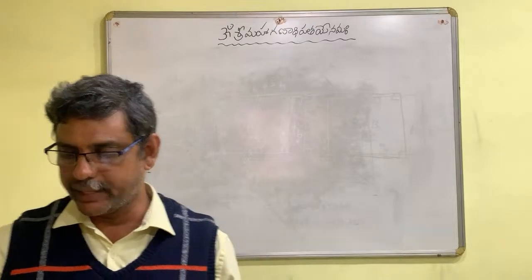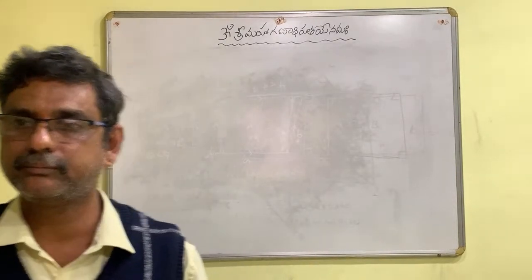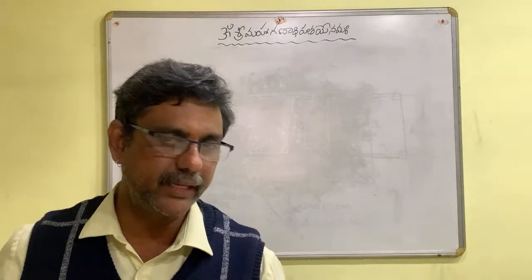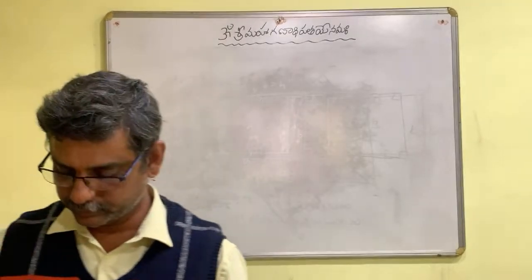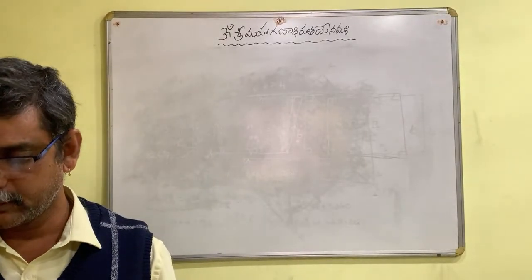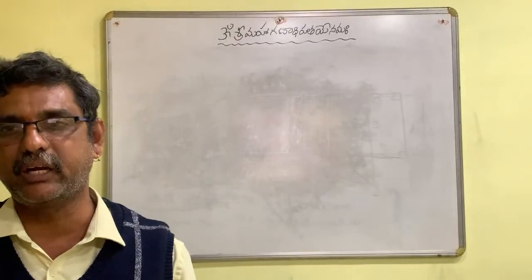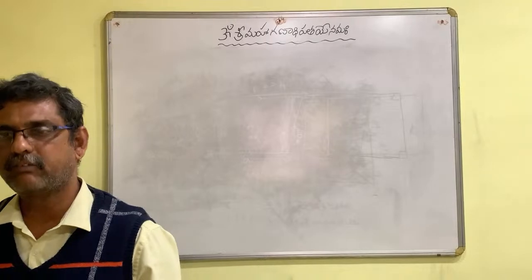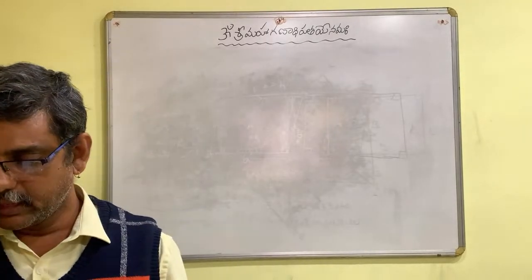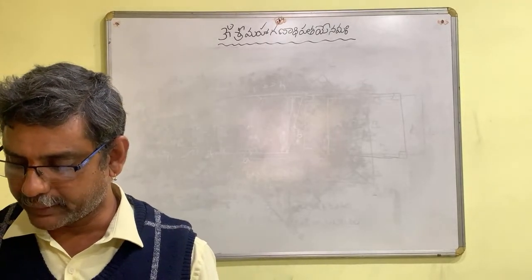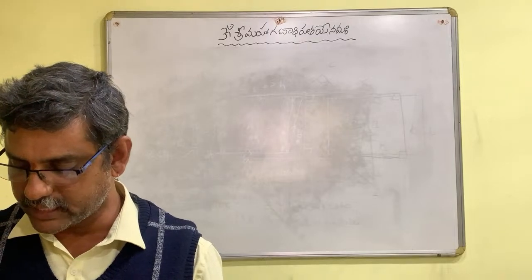Which of the following statements is true? First one: every irrational number can be represented as a fraction. False. Every irrational number can be represented with the help of decimals.